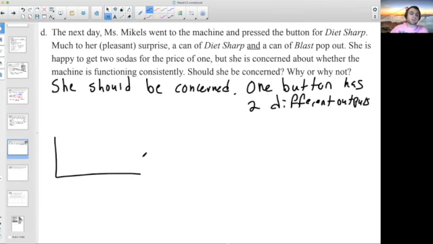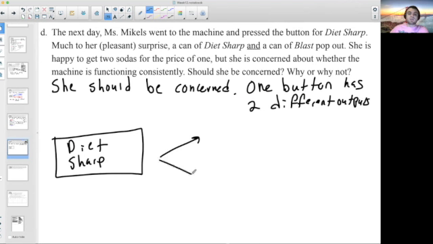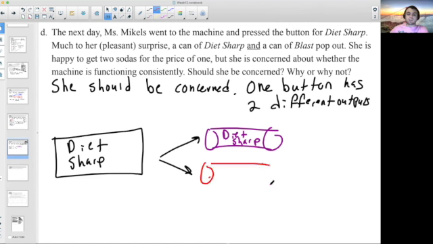So she presses the button for Diet Sharp. What comes out is 2 different things. At the same time, she gets the can she wants, which is good. But then she also gets another can of Blast. Okay, that is not good.